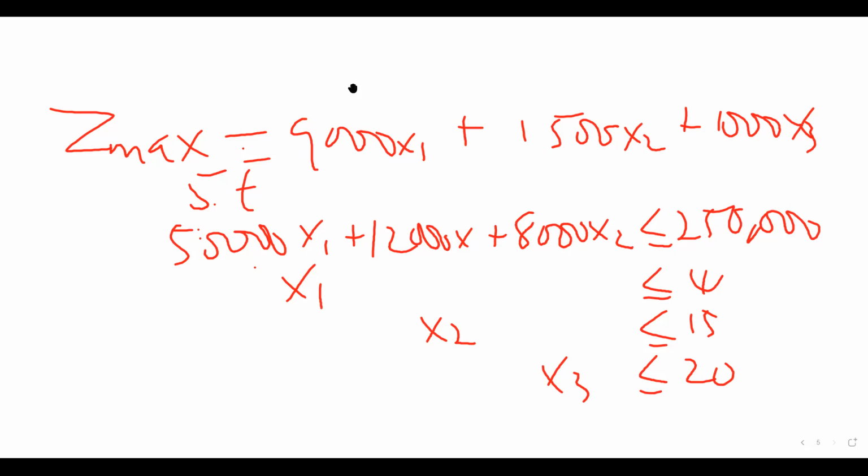Look at x1. x1 was buildings. Can buildings be decimals? Because buildings cannot be decimals, buildings will be an integer. The next one is land. Can land be decimals?